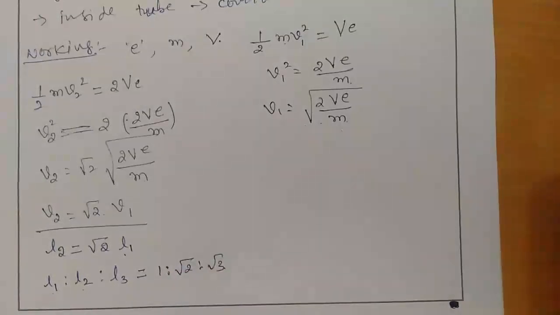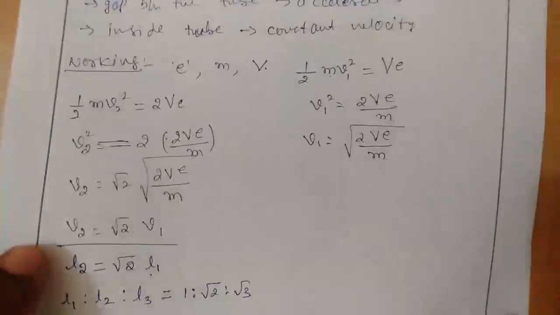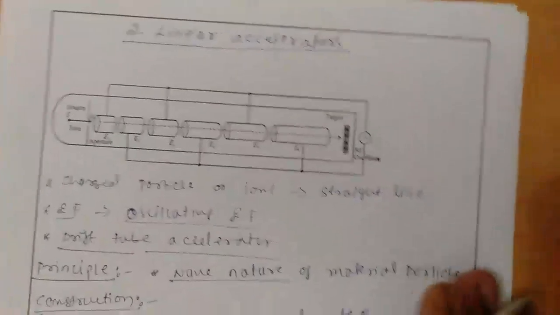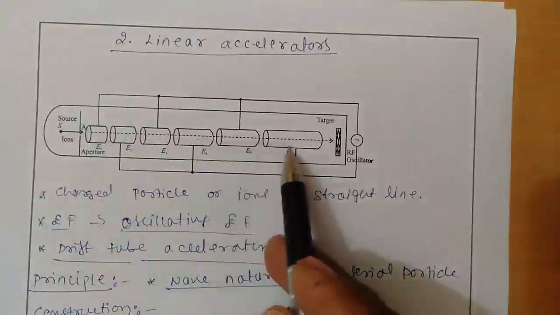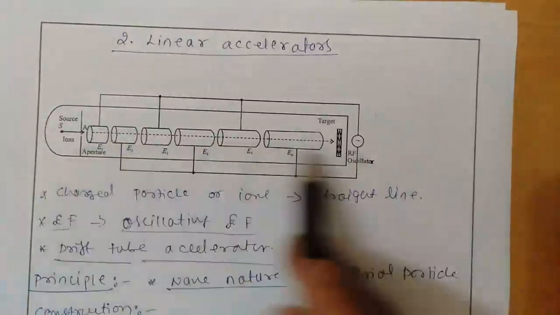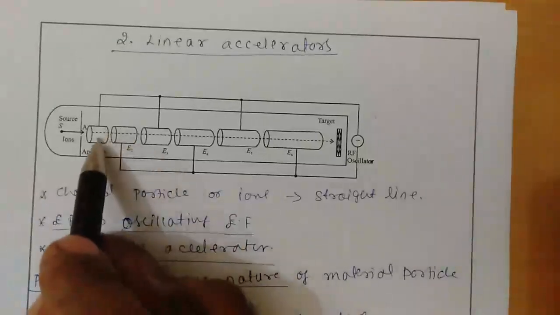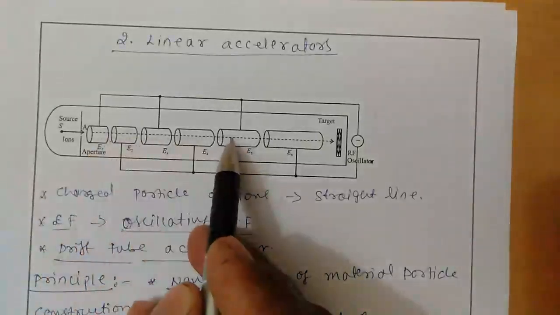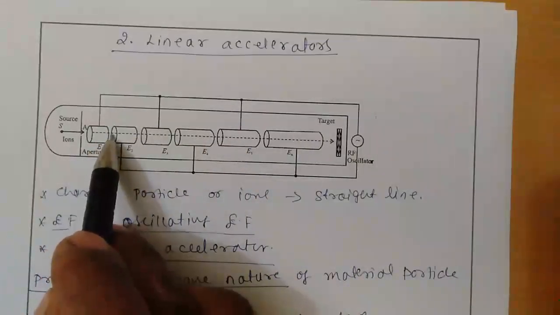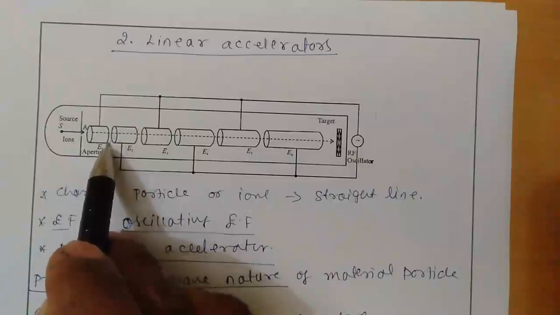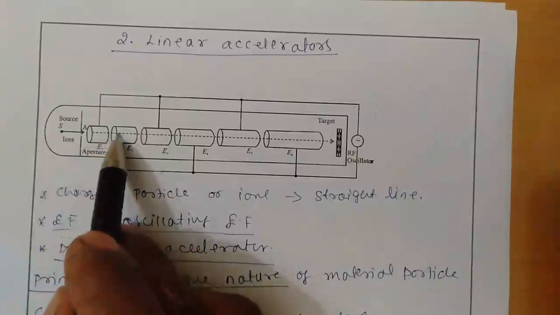Remember that students, since the accelerator is having varying length, that is each tube is having increasing length, as soon as the polarity of the tubes changes, the charged particle should arrive in the gap between the two tubes.